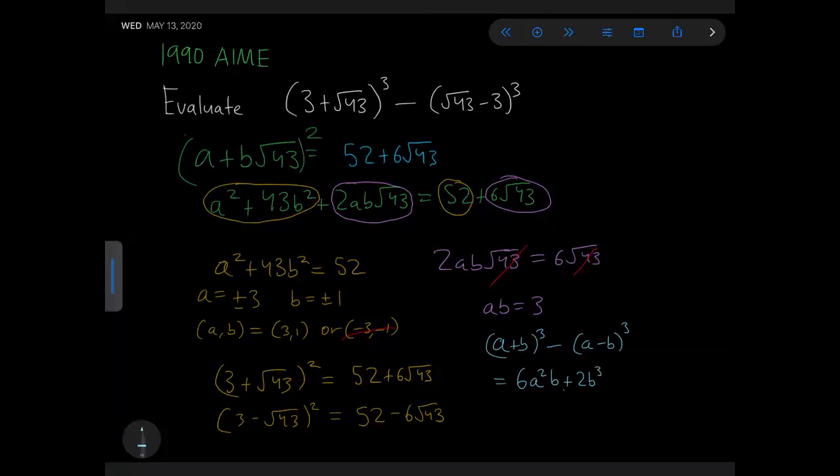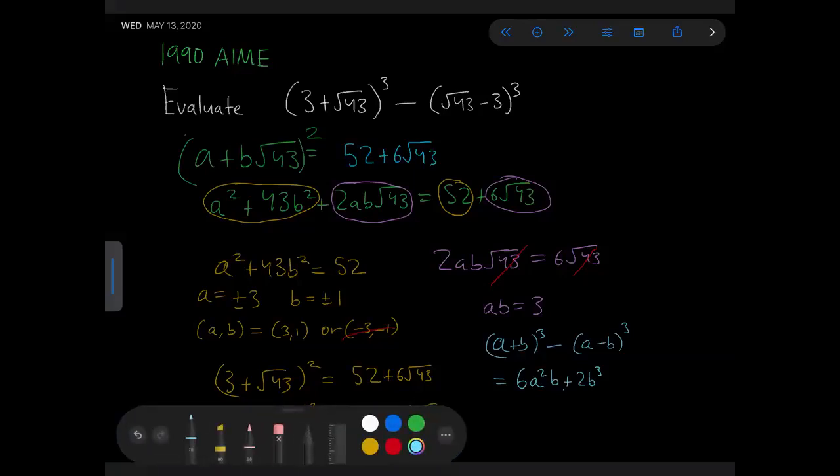This is pretty easy to verify if you expand everything out, right? So let's do that with our original equation. In this case, let me move this up.